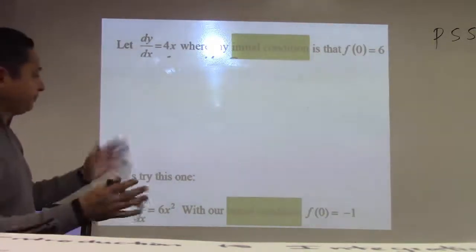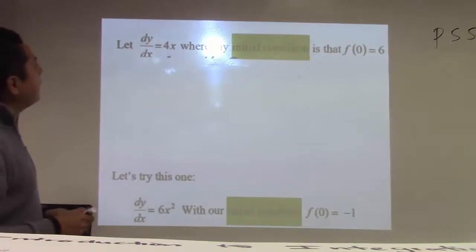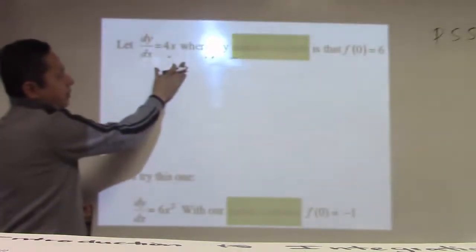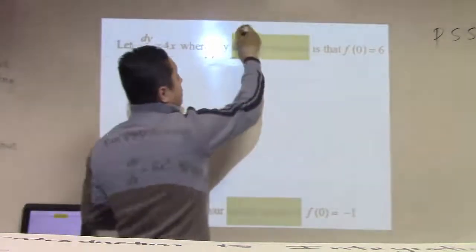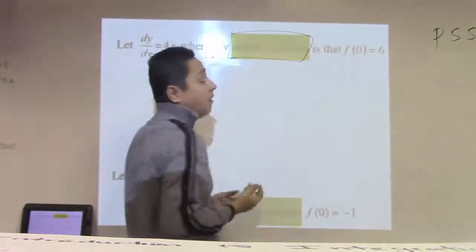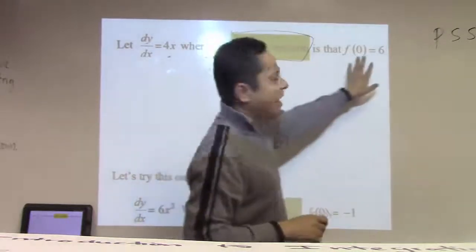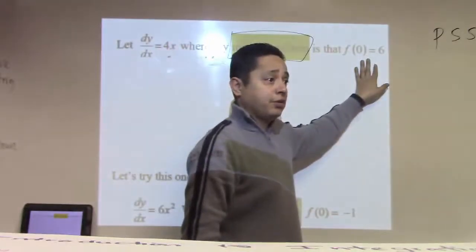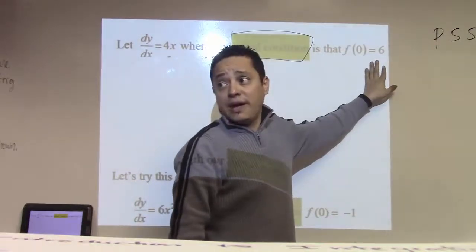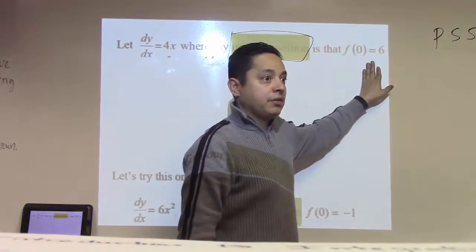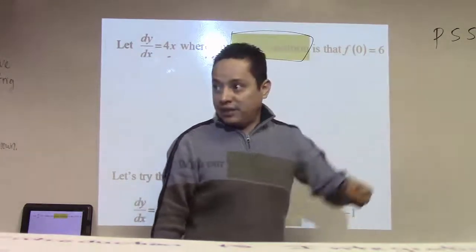Differentials means, anyway, taking the derivative. So we're given a derivative here, like y prime equals 4x. But now we are given this extra information, which I call the initial condition. Now, what does this mean? Well, it's just extra information about the original function. How this is going to help us is it's going to allow us to get rid of the chucklehead. So we're going to figure out what the C value is.